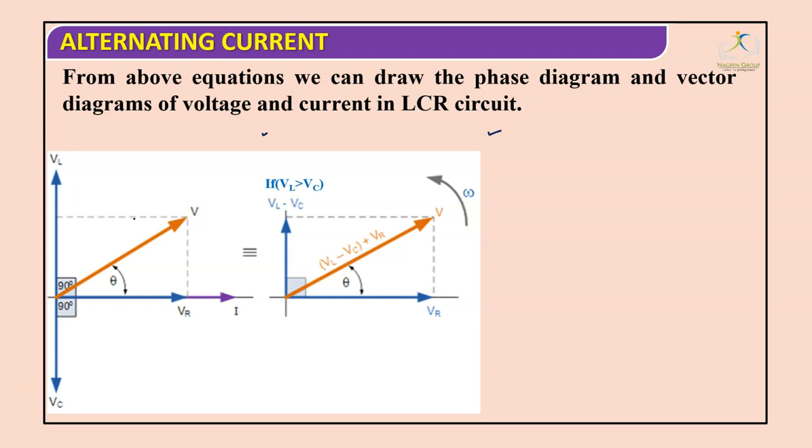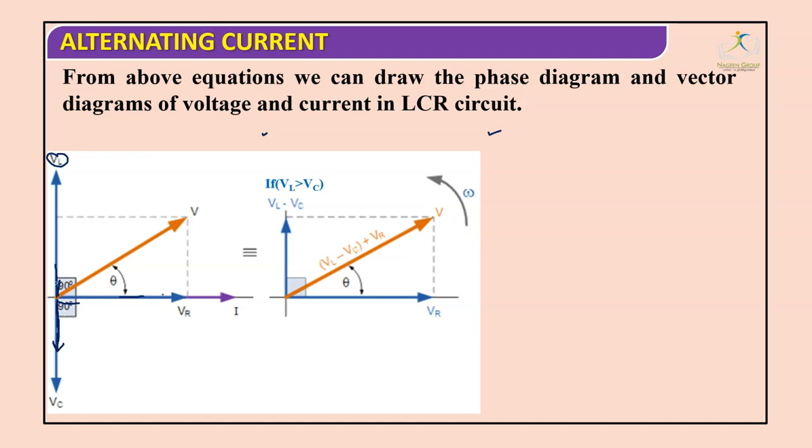So if I see the value of VL, and this will be the V, the current in the case of VR is here. In the case of a capacitor VC, current is leading, so voltage is lagging behind by 90 degrees.